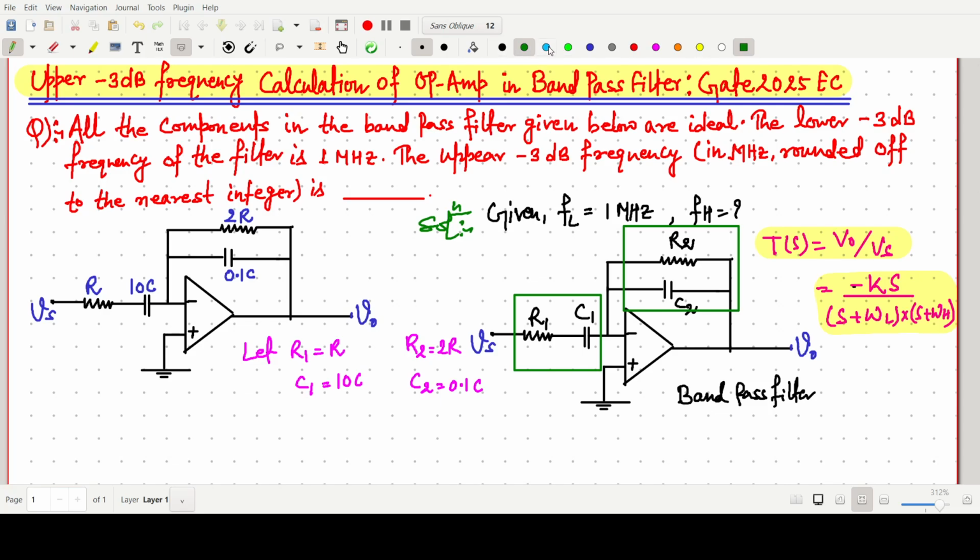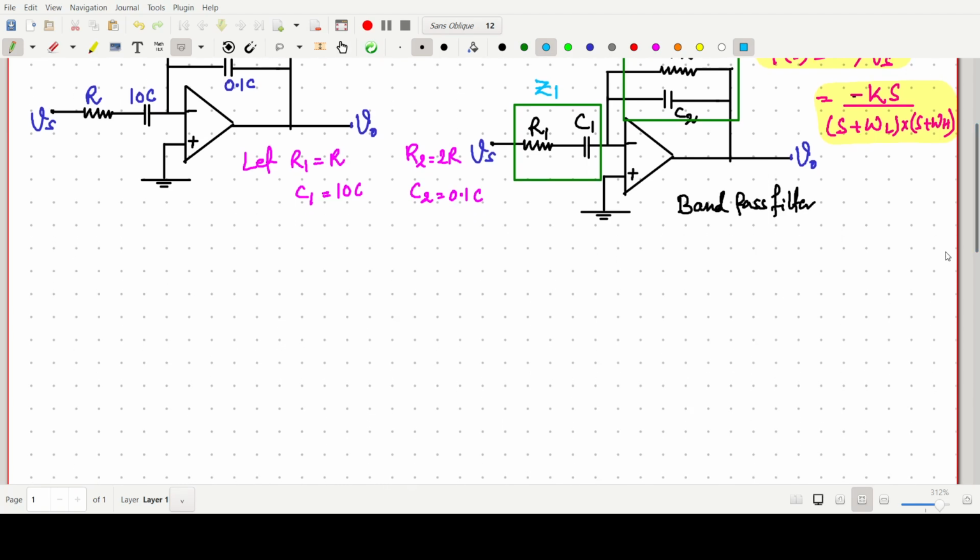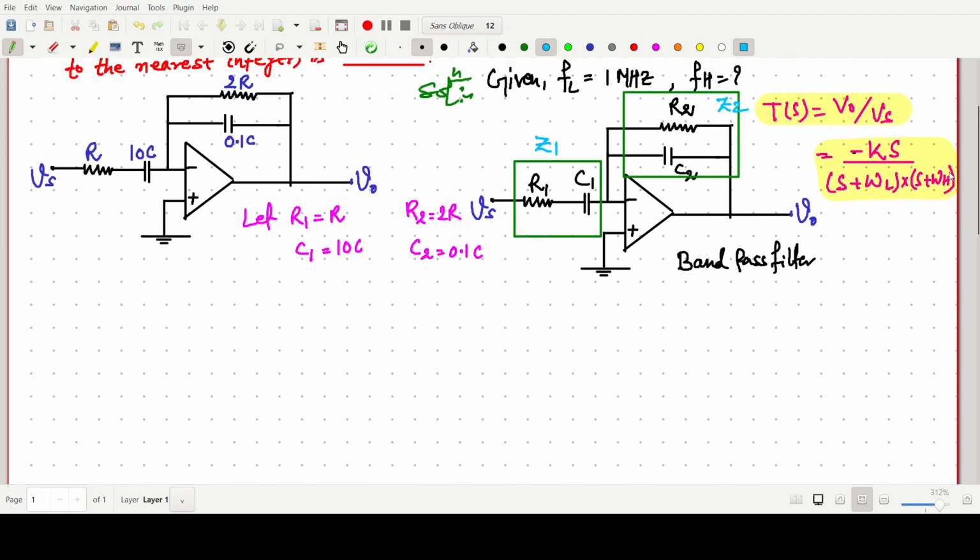To solve this function, I will go step by step, showing how to solve such a problem.